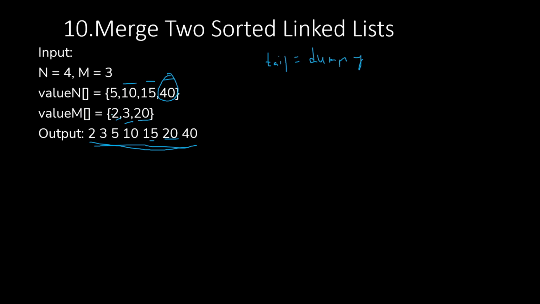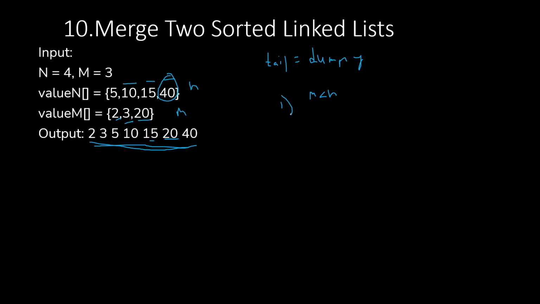Let's start now. Let's name one variable m and the other n. Remember, m is a header which starts from 2 and n is a header which starts from 5. Now let's compare if m is smaller than n. There are two cases. This is the first case.